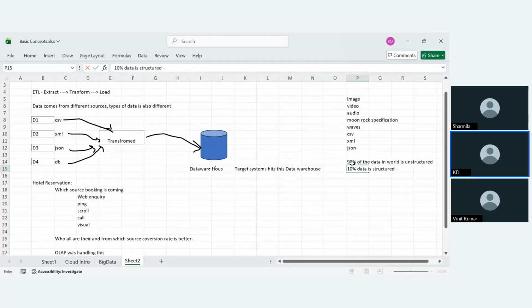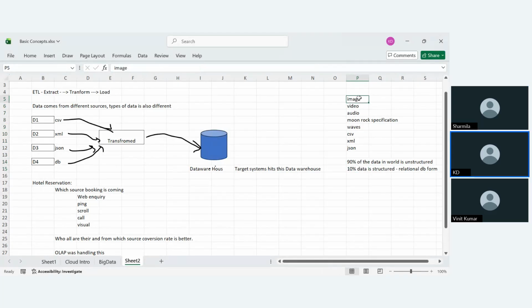When I say structured, it means in relational database form, from which you can interact, you can derive something, you can generate some results. Just 10% of data. But this 90% data also exists, and people are using this data to do a lot of research, right? Are you getting this?